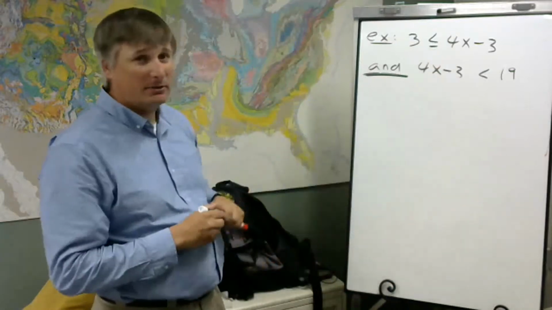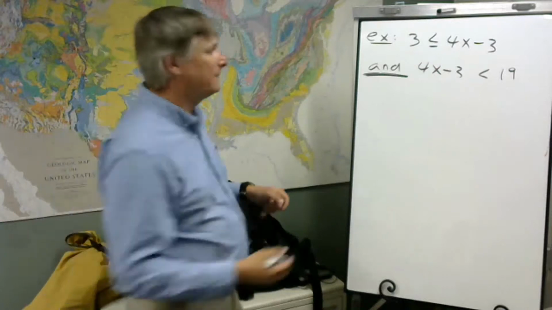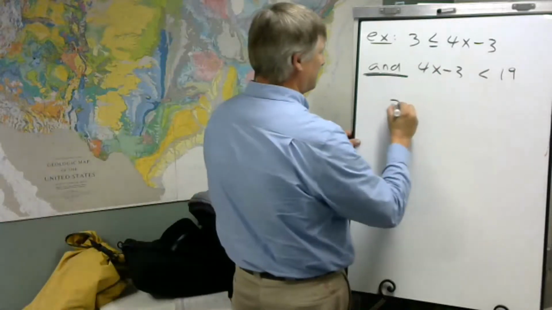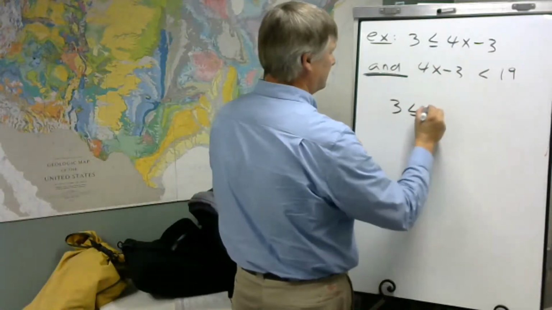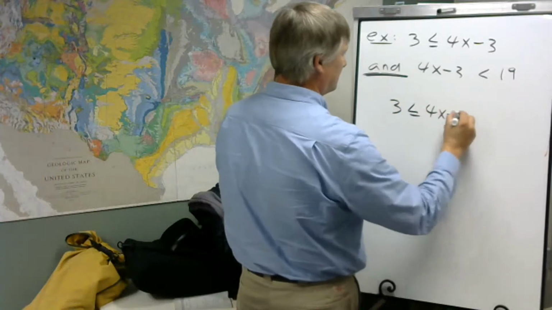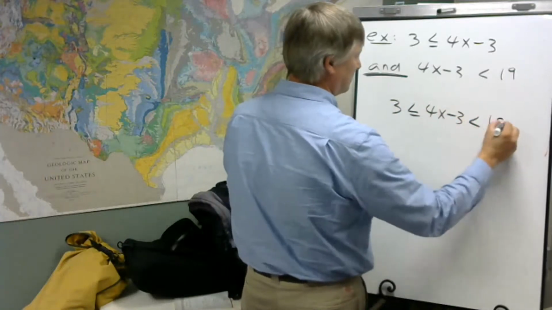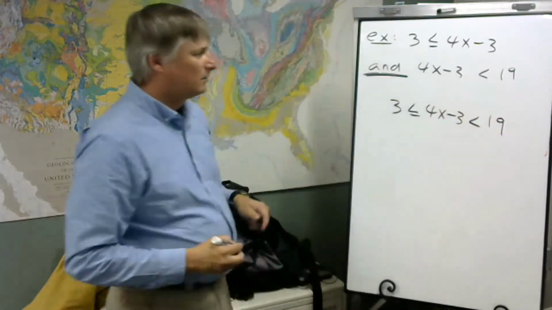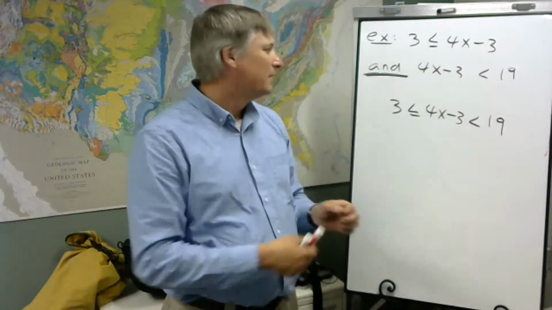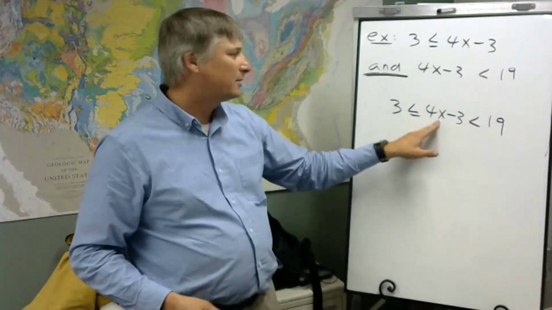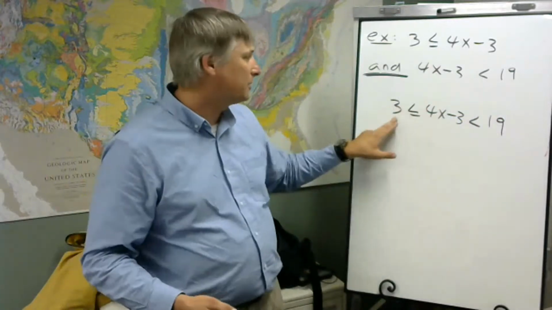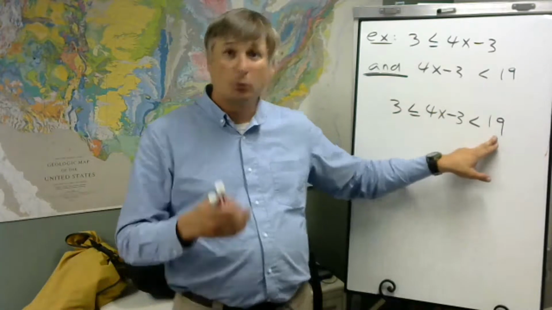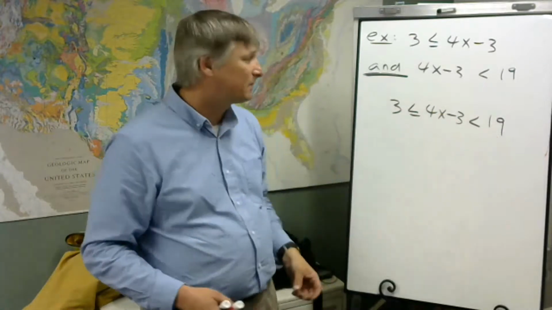So the way we typically express this, we rewrite it. We want numbers x, where if we plug them in here, the result will be between 3 and 19. And we're allowed to include the number 3.